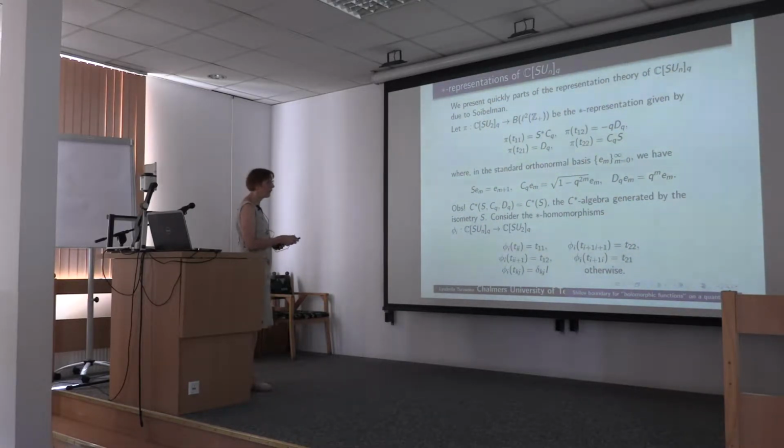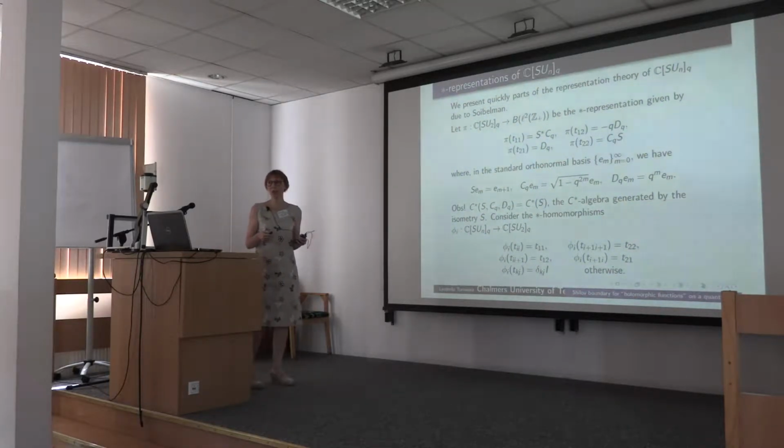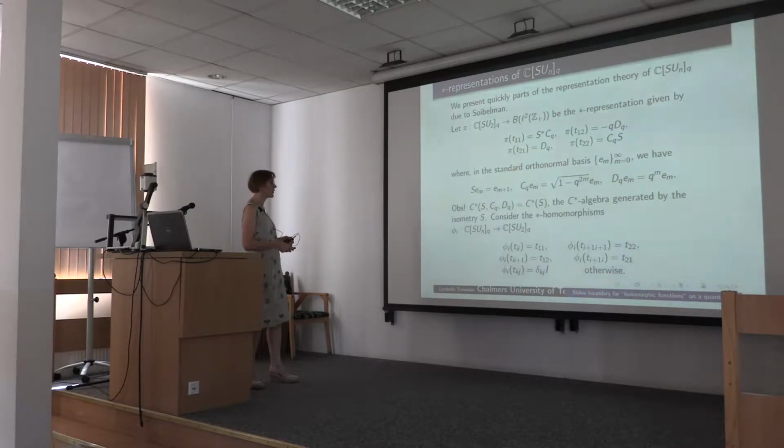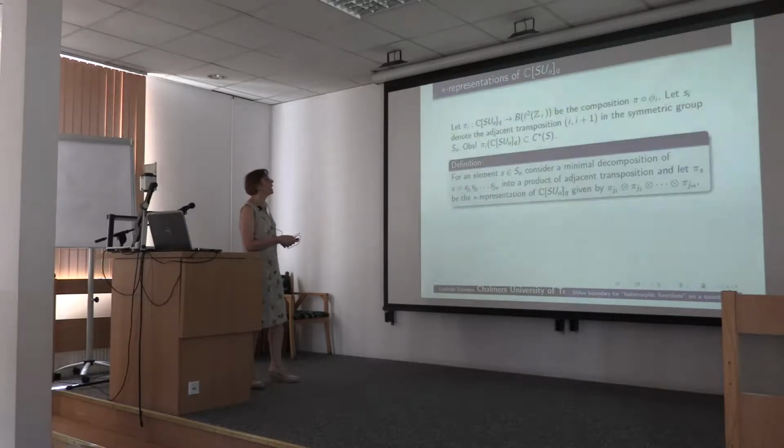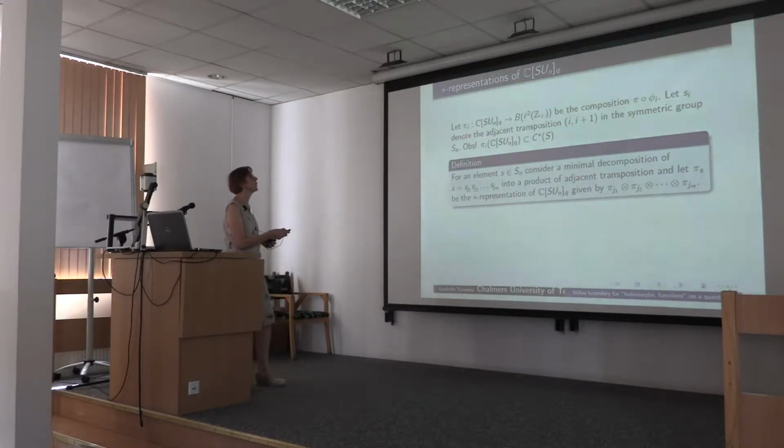Okay, and now we can get representations of SU_n,q by combining this star homomorphism φ_i and this representation π. The composition π and φ_i will give us a representation of SU_n,q. And actually, any irreducible representation can be obtained out of this composition. Namely, we have the following.